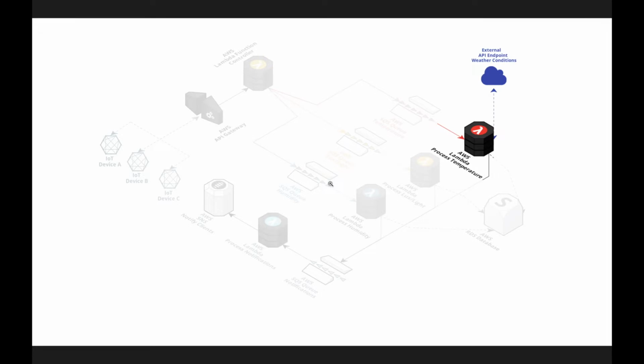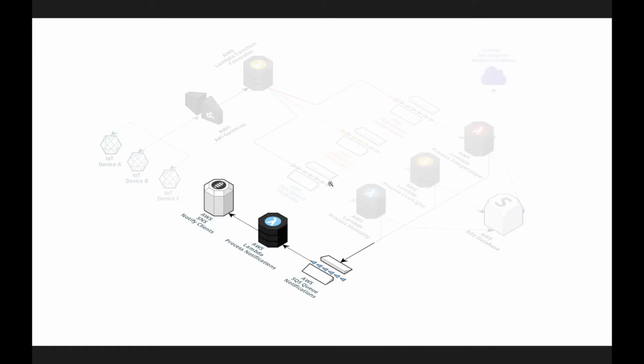Now we have one unique case where the temperature lambda has to go out to an external API and retrieve weather conditions. Based on these weather conditions, the temperature lambda will formulate new formulas and determine new alerts. But it may vary, depending on where the IoT device is actually located.